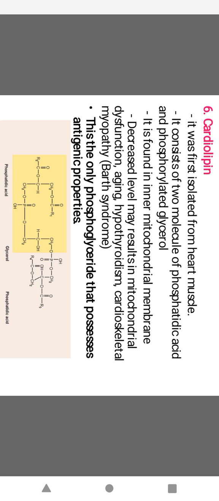It is found in the inner mitochondrial membrane. Decreased levels may result in mitochondrial dysfunction, aging, hypothyroidism, and cardioskeletal myopathy, also known as Barth syndrome. This is the image of cardiolipin. Phosphatidic acid is the base, glycerol, and again one unit of phosphatidic acid is present here.